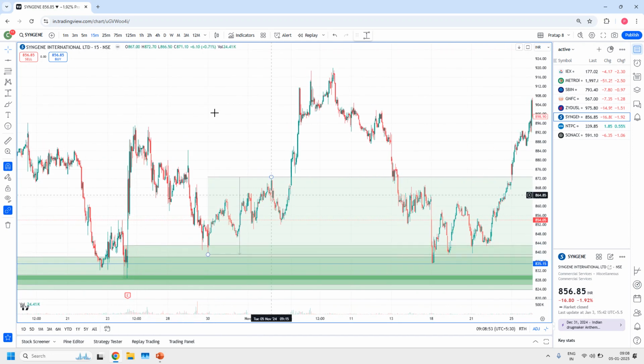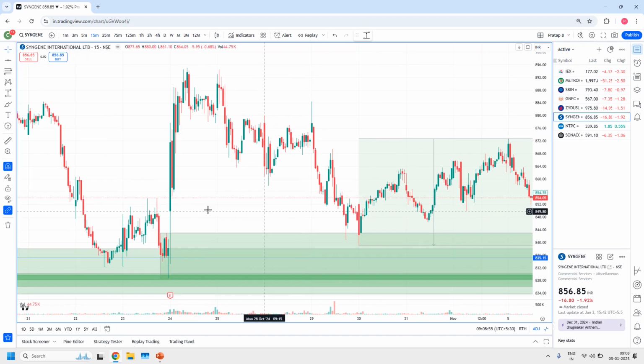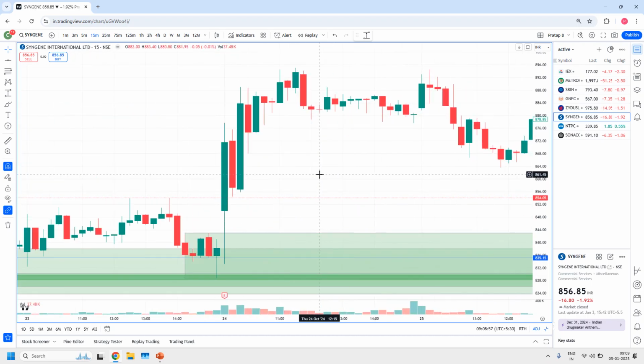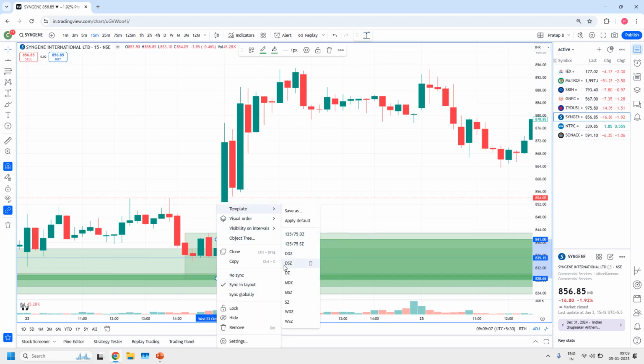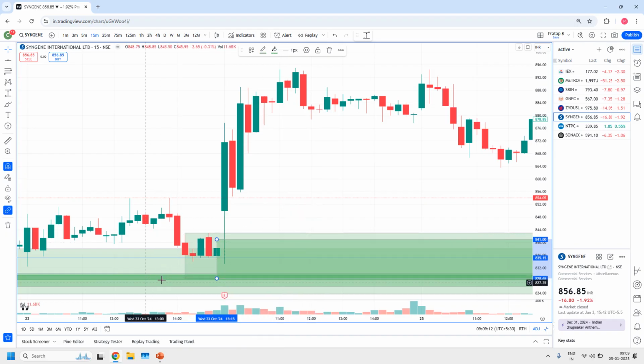In this 75 minutes zone, is there any 15 minutes order flow? Yes, we have a drop, base, rally. And you see, the orders are picked up from this fine-tuned 5 minute zone.